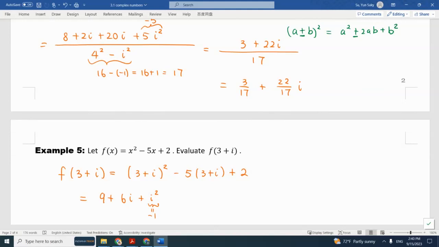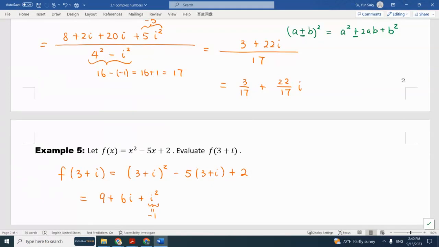So that equals 3 squared, which is 9, plus 2 times 3 times i. 2 times 3 is 6, so 6i. Plus b squared, b is i, so i squared, which is minus 1. Is that okay, everybody? Yes? Okay.